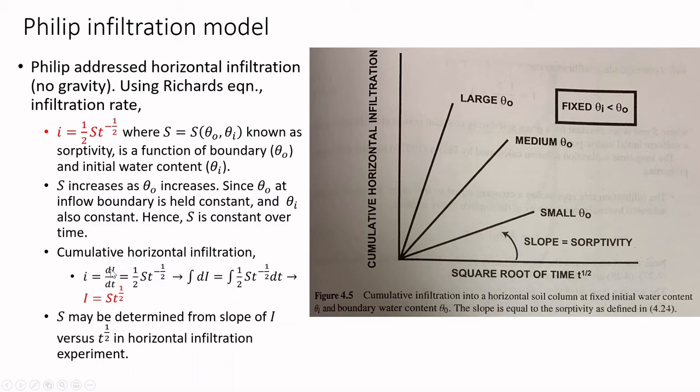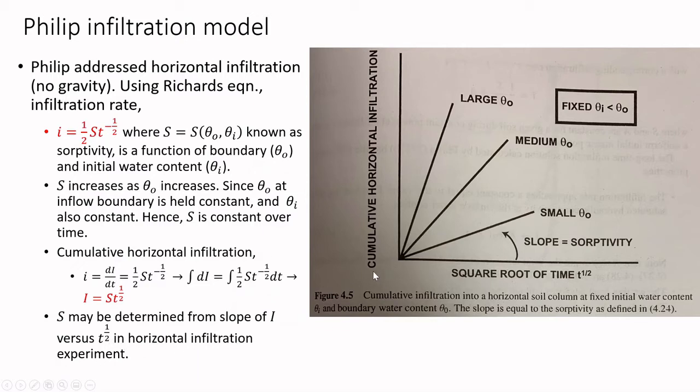Alright. So for cumulative horizontal infiltration, I equals the integral of the infiltration rate with respect to time. You can do that, then you get I equals s multiplied by t to the power 1/2. So s may be determined from the slope of I versus the square root of t in a horizontal infiltration experiment.